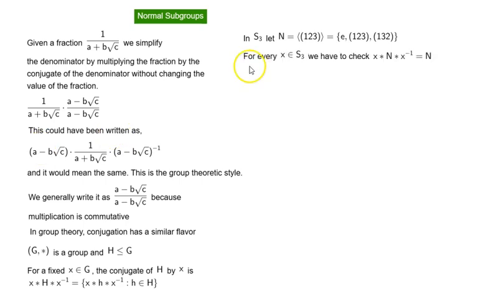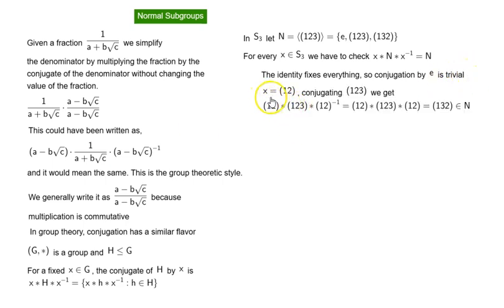Now we have to check for every x in S3 whether x times N times x inverse is equal to N. So let's do that checking. The identity fixes everything, so conjugation by e is trivial. That's why it's called trivial.